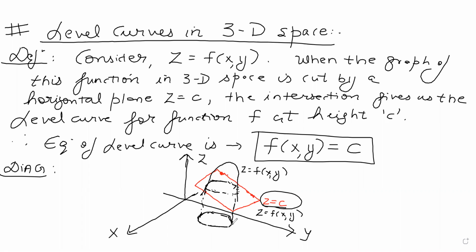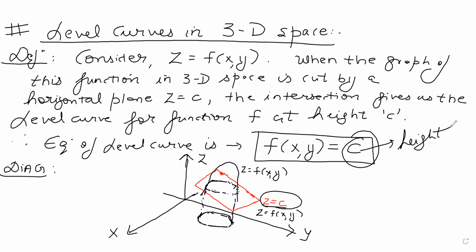But if you listen to what I am trying to convey, there is a curve z equal to f of xy which is floating in the 3D space. Now you can think of a piece of paper in the 3D space at a height of c. c is the height.